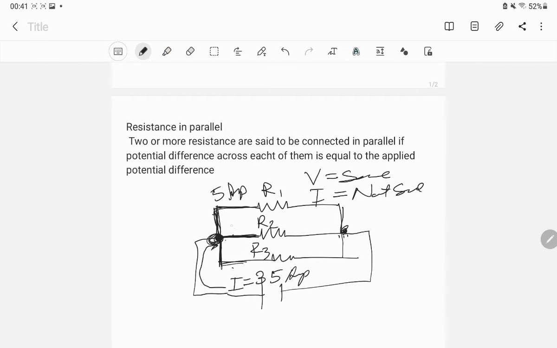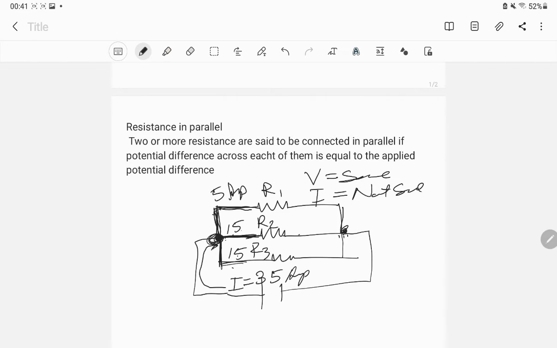Let's say 15 ampere is flowing here and 15 here. So 15 plus 15 is 30, 30 plus 5 is 35. So in parallel connection, across the resistances the current is not the same.